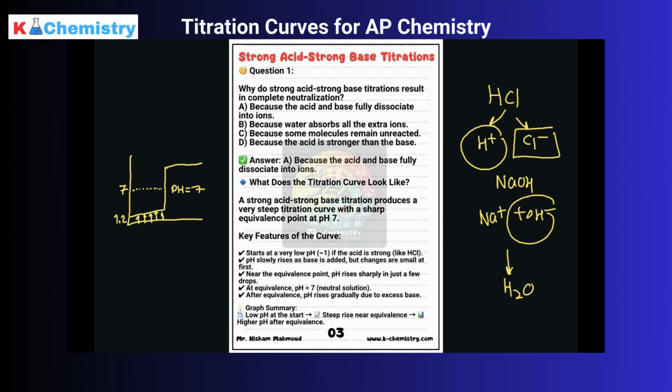Having excess base, the OH minus will be more than the H plus after the equivalence point, so it's going to make a pH which is higher than 7 for sure. Graph summary: low pH at the start, steep rise near the equivalence, and higher pH after the equivalence.